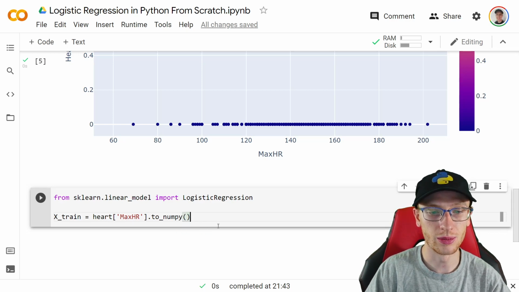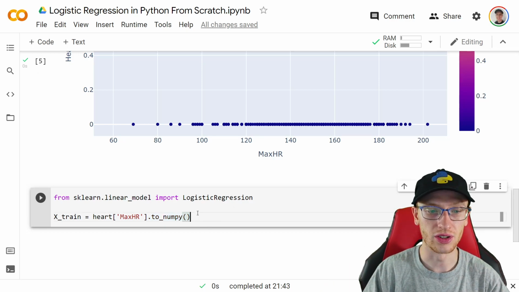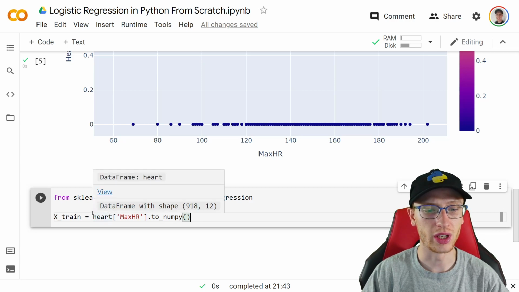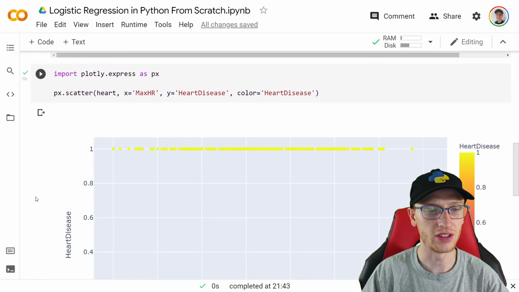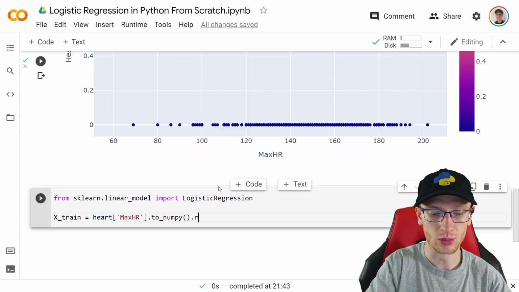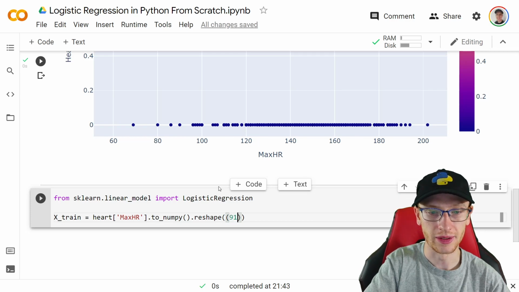If this is one flat column, it's going to be a vector, and a vector is just a bunch of pieces of information in order. So we have, what is it, 918 values here. And we can do .reshape, because the shape is just going to be 918 comma. We want that to be the shape.